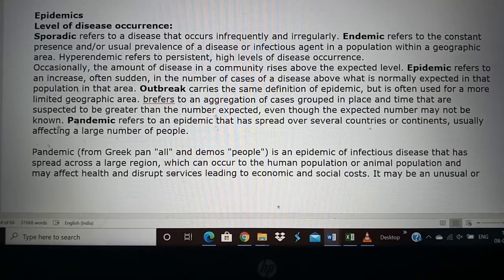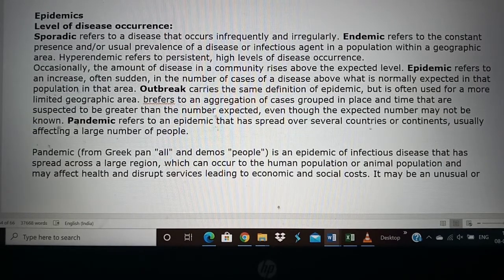So that means the disease and the causative agent, which is the mosquitoes and the larvae, are present in large numbers in that particular geographical area. So it is endemic. So that is endemic. Okay.